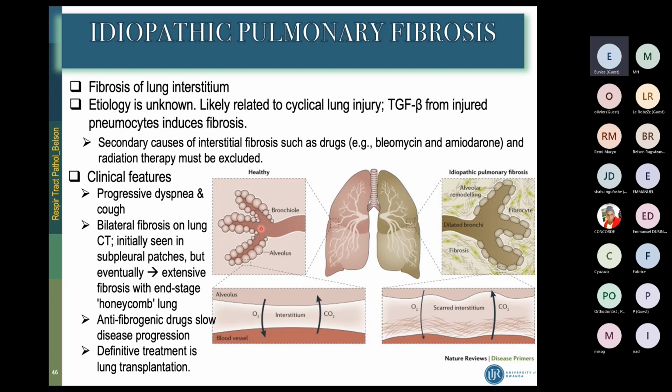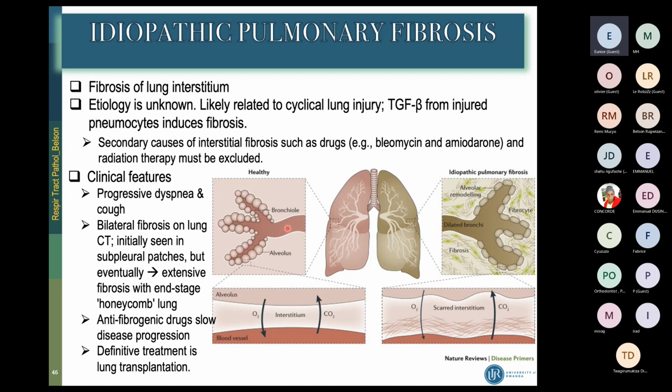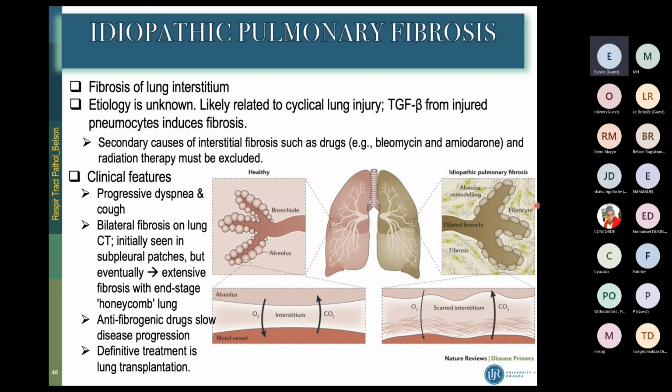conditions. So in a healthy way, so we have here alveoli and so on. And when there is a problem, what we see here is that we have alveoli, they have changed their architecture. There is a fibrocyte or fibroblasts which have deposited too much fibers around there, so causing the fibrosis.